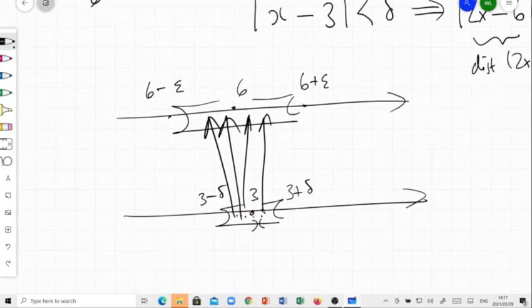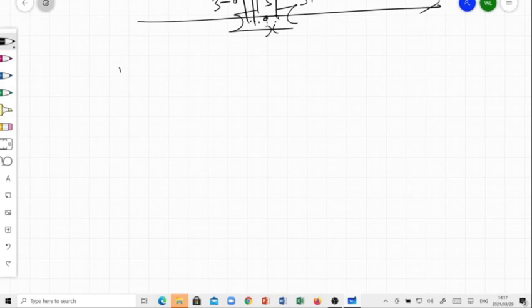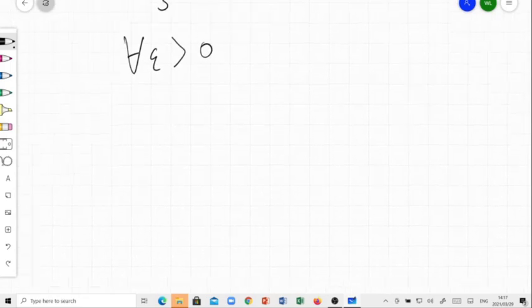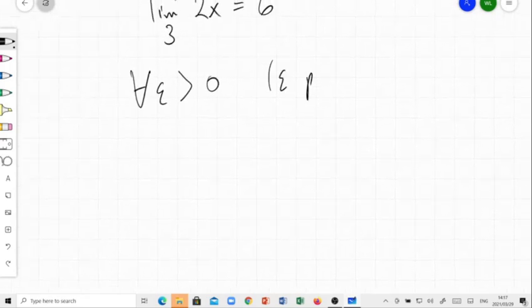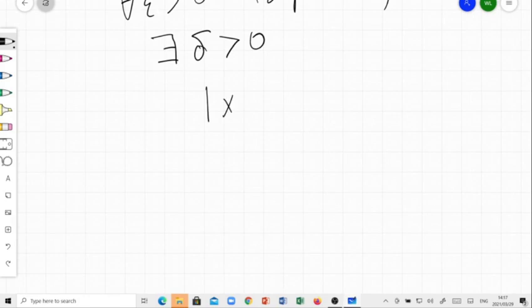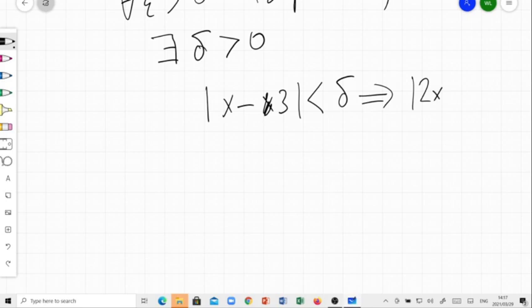This is the first time you're seeing it, so let's repeat it again. To say that the limit at 3 of the doubling function is 6 means that for every epsilon challenge, think of epsilon as a positive number that is known, there exists a delta such that if my x's are within delta of 3, it will force my images, which are my 2x's, my y's, to be within distance epsilon of 6.